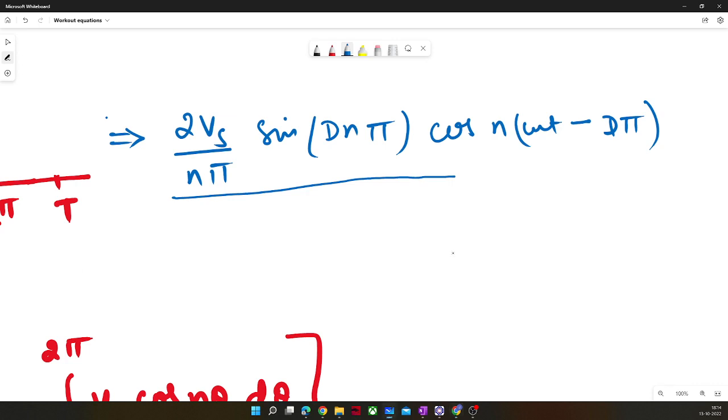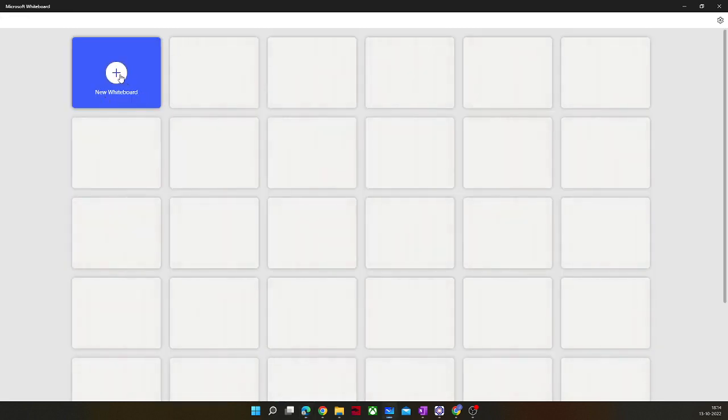So moving ahead. This was the waveform and Fourier series. Let me discuss a bit about the buck converter as well, because this waveform is matching with the buck converter. Let me make a new whiteboard.